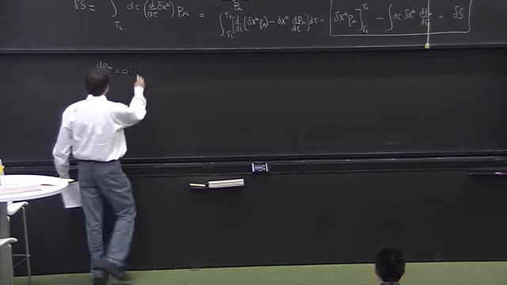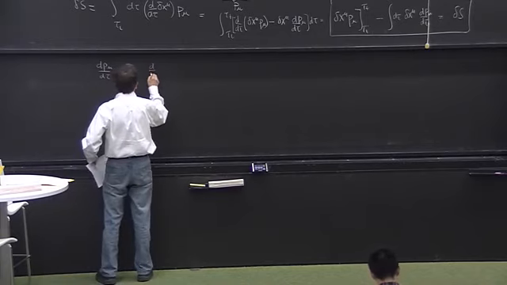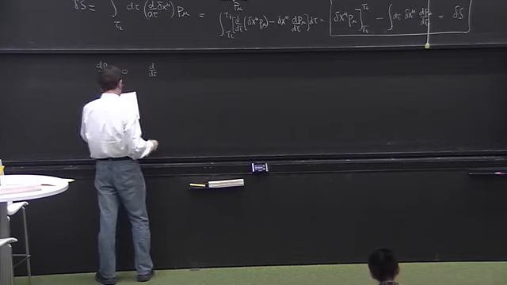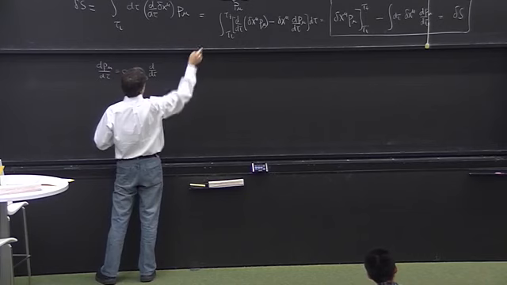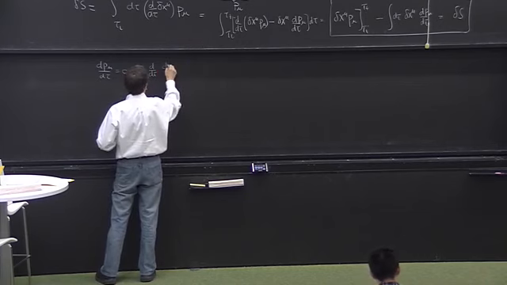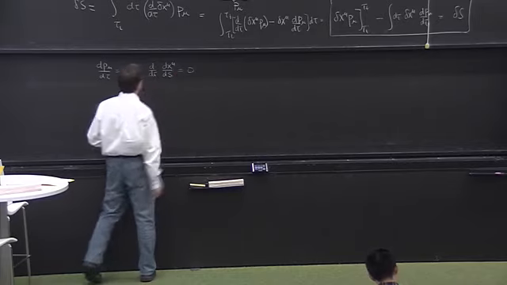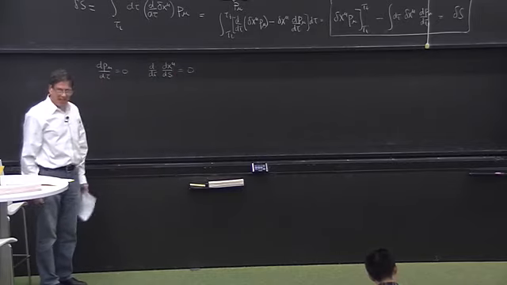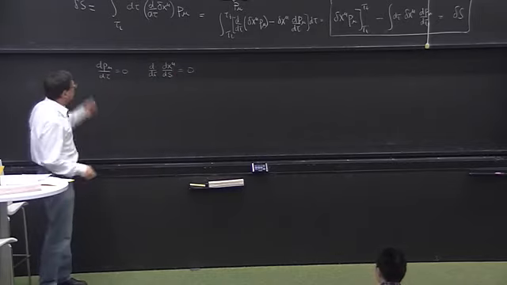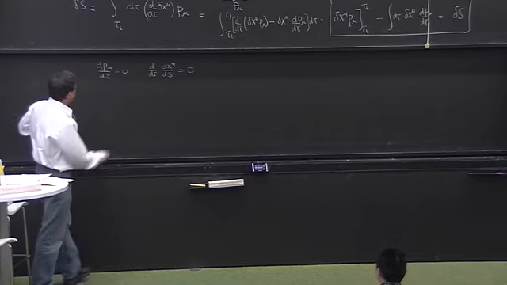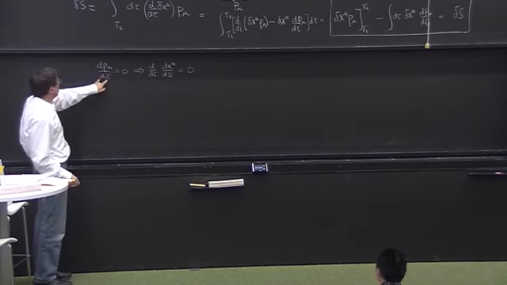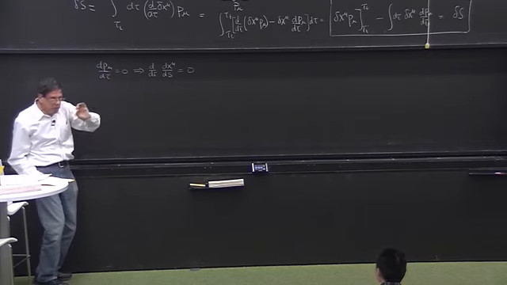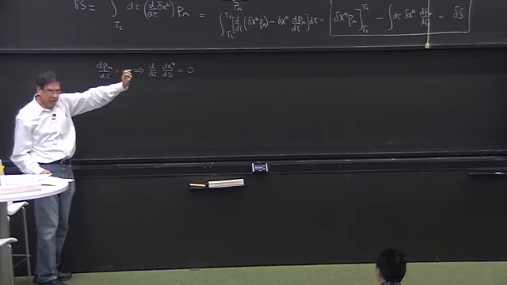And this is the same as d/d tau of p mu is mc dx mu ds is equal to 0. It's a funny looking equation. P mu with respect to tau being 0 means just P mu is a constant on the world line.